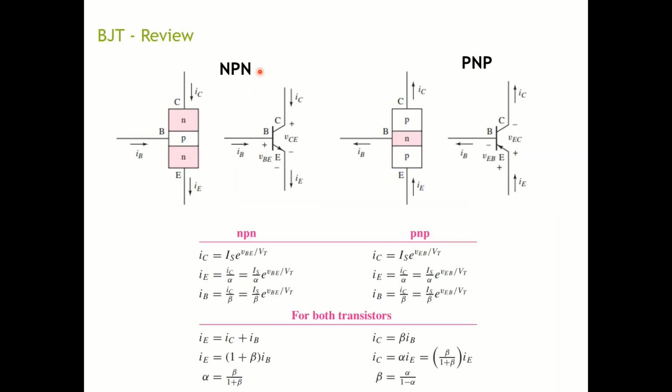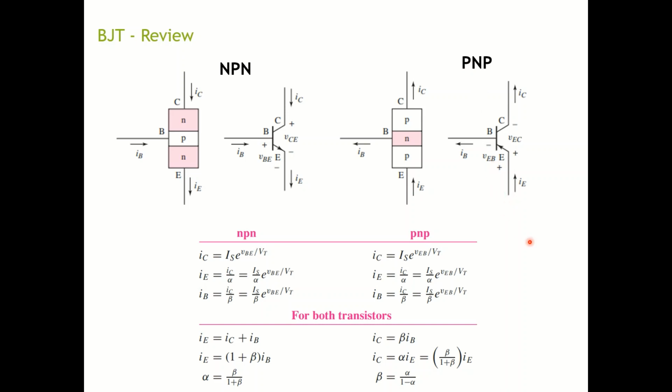So two main types of BJT, NPN and PNP. Both of them have three pins: a collector, a base, and an emitter. However, the current flows differently. For NPN, current from collector and base comes in, then comes out from the emitter. But it is reversed for PNP.